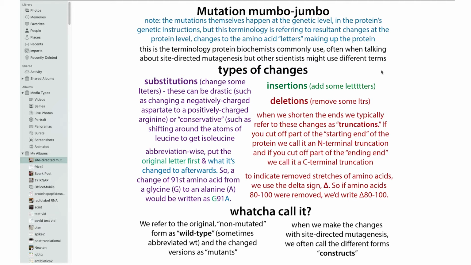Or maybe we have a different tag on the end. So this would all be different constructs, even if it has the wild type protein within it.